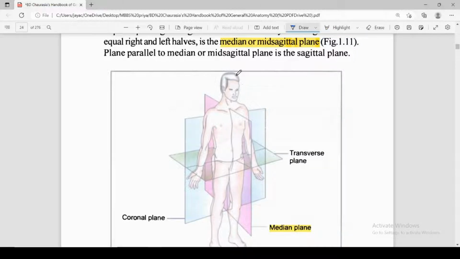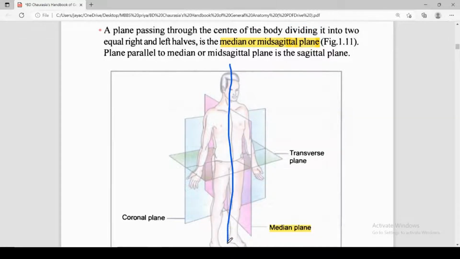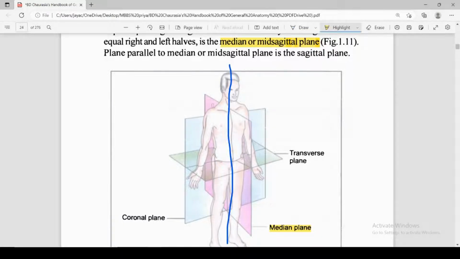In the body, if we divide into equal left and right, then it is called the median or the mid-sagittal plane. So this plane is the median or the mid-sagittal plane.